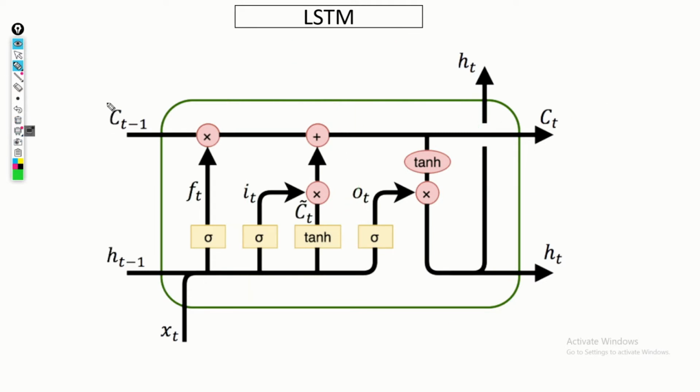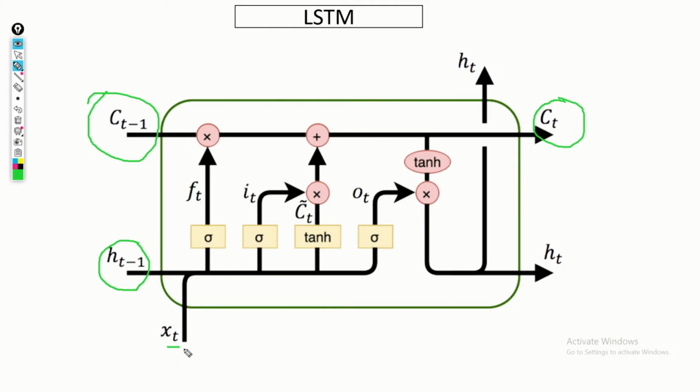This is nothing but the cell state that I have told you, and this is the output coming from the previous layer, T minus 1, the previous timestamp. T means the current timestamp.